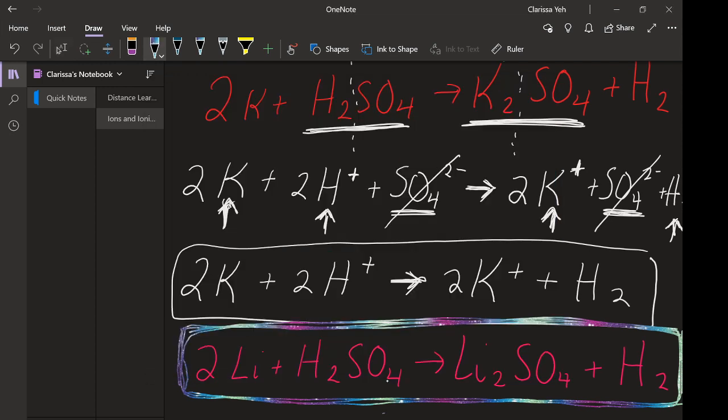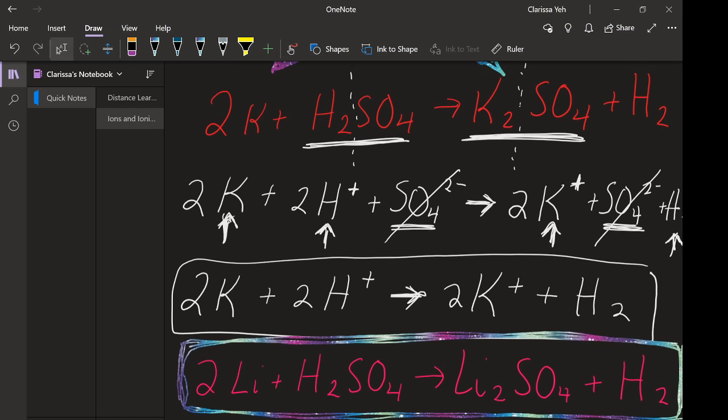Yeah, so write it as if there's only one of them. On the last example we did, I have 2 hydrogens. That's an overall 2 plus charge, but I write my charge as only 1, and I just show that there's 2 hydrogens by writing a 2 in front, but each hydrogen has a charge of just 1 positive.